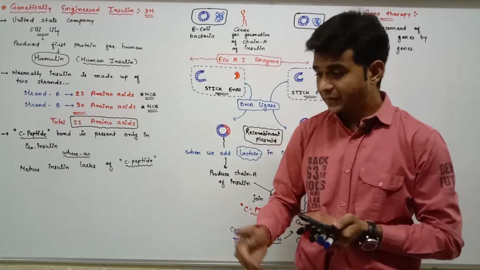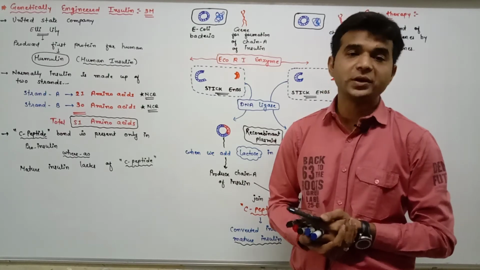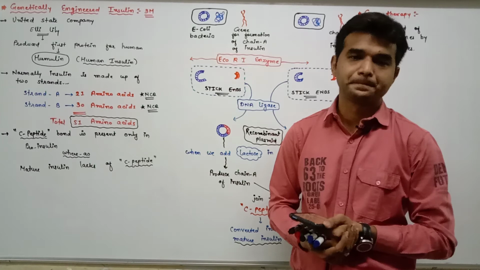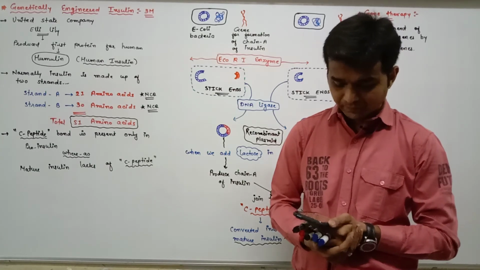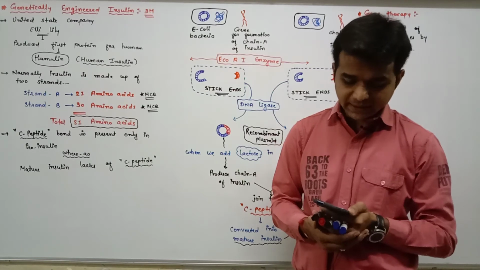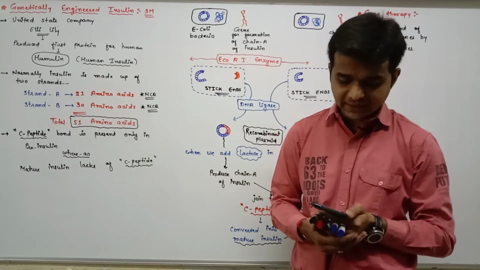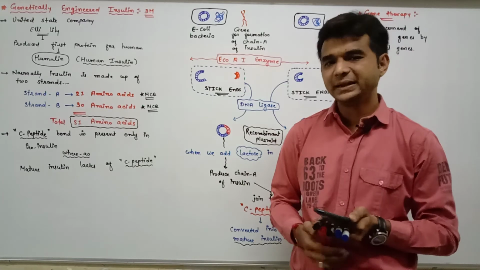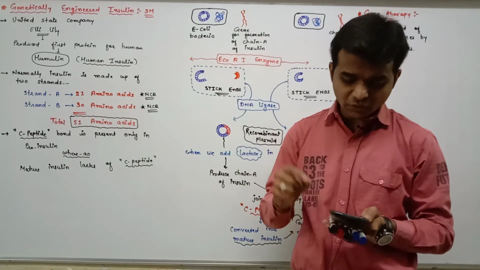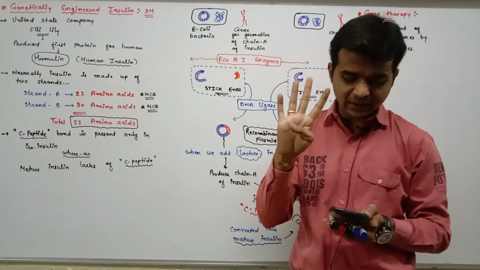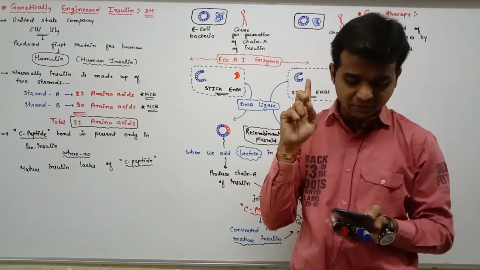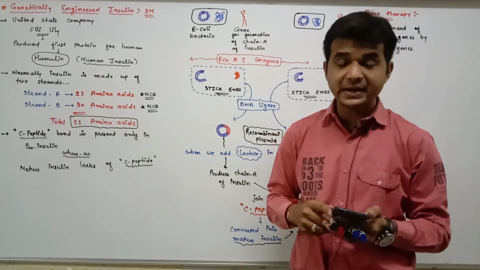As a result, the affected or non-functional genes can work properly. The first clinical gene therapy was given in 1990 to a 4-year-old girl with adenosine deaminase deficiency.